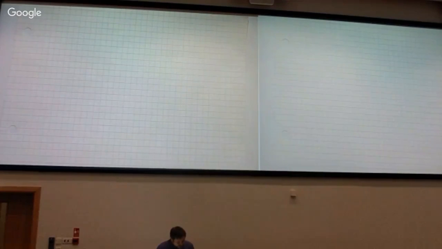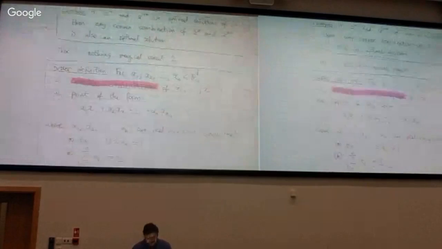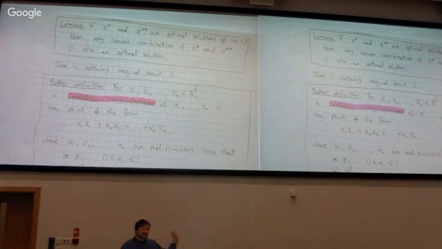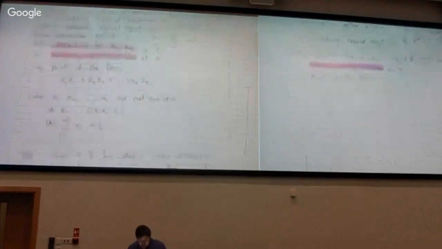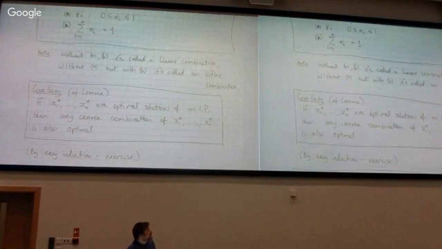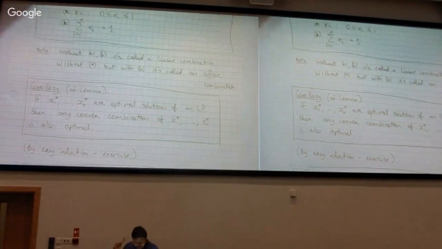So the first lemma says that if you have two optimal solutions, then any convex combination of the two optimal solutions is also optimal. Now the corollary says if you have any number of optimal solutions, then any convex combination of these optimal solutions is also optimal.